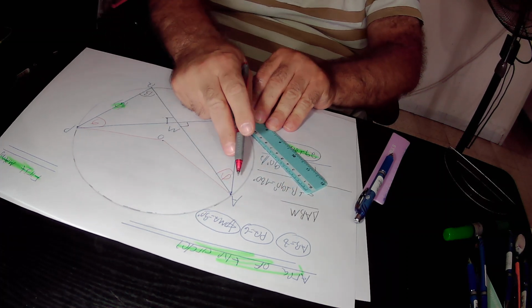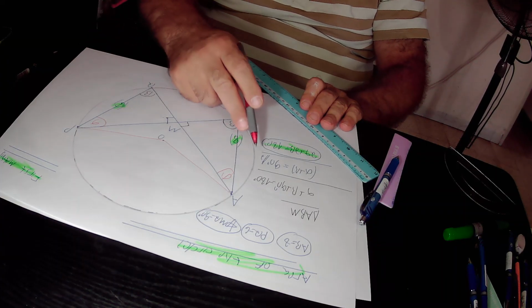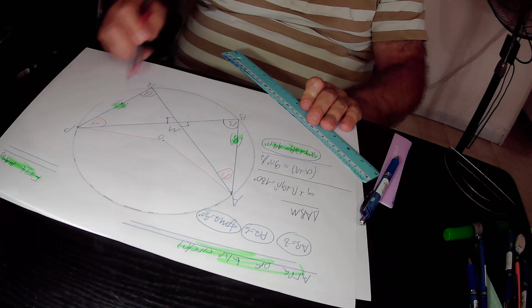This is central angle AOP that subtends on arc AP.